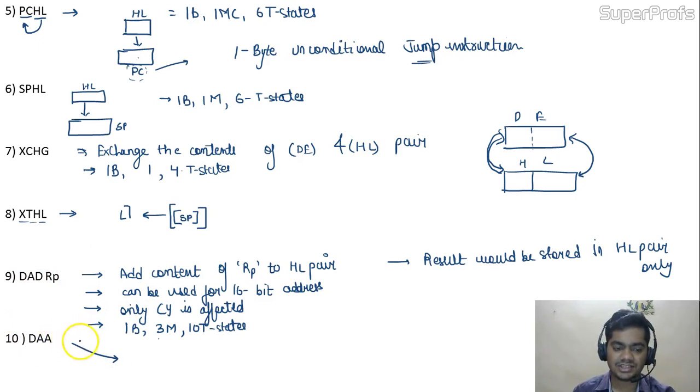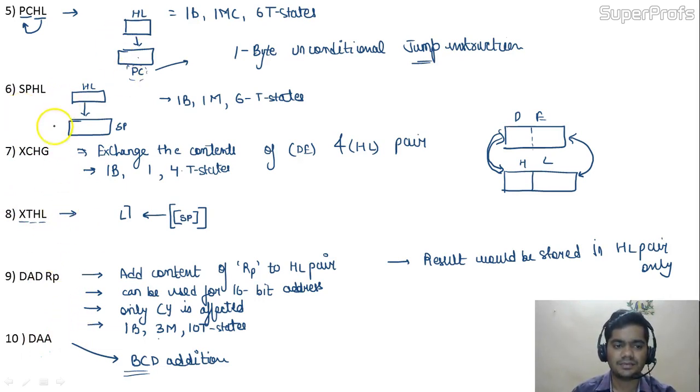Now the last instruction is DAA, and with this help we can perform BCD addition. So we know what is a BCD addition. By this instruction we would be able to perform BCD addition of the bits. Okay, so these were the special purpose instructions that we have studied: PCHL, SPHL, XCHG, XTHL, DAD RP and DAA.